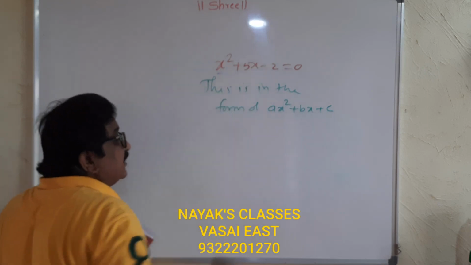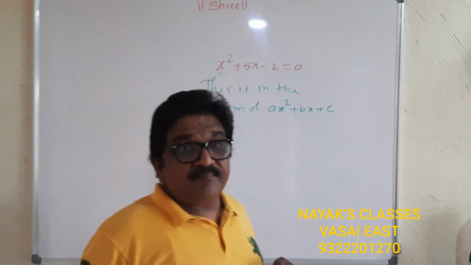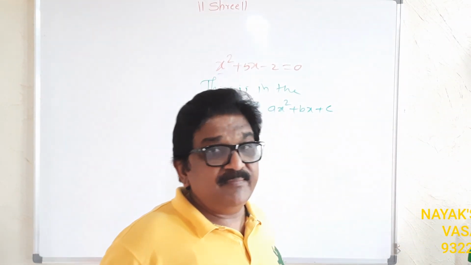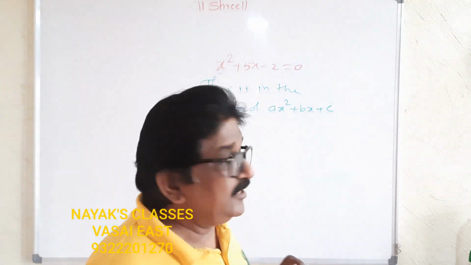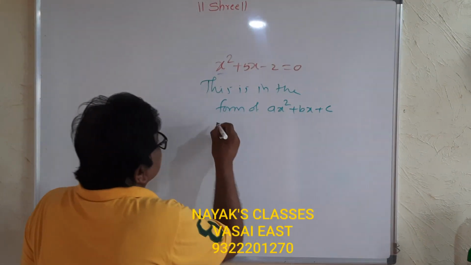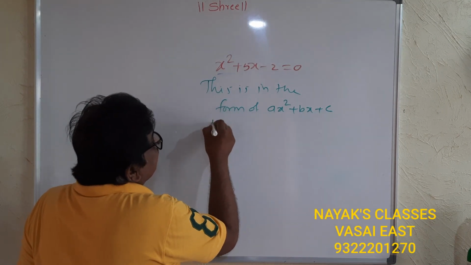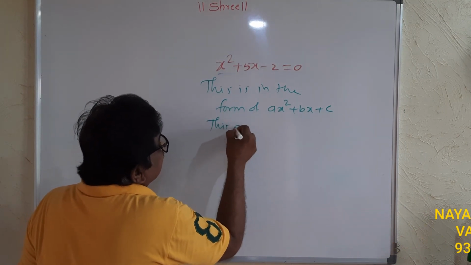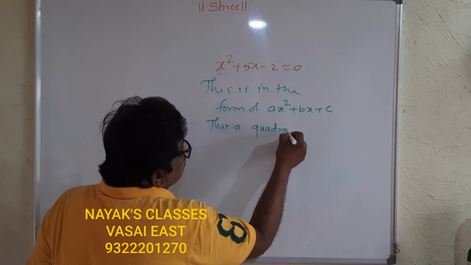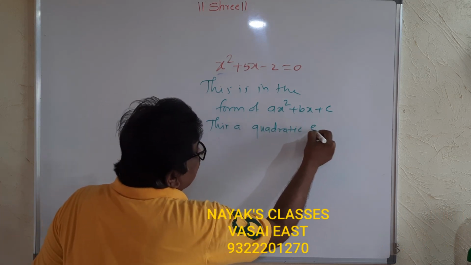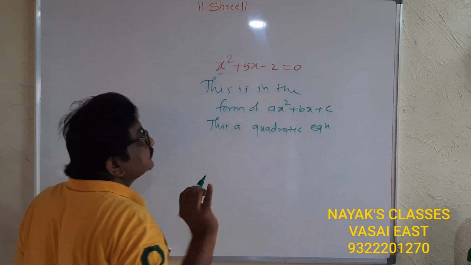You will say there is a minus sign here, the negative sign may be there, but it is in the form of ax square plus bx plus c. So this is a quadratic equation.